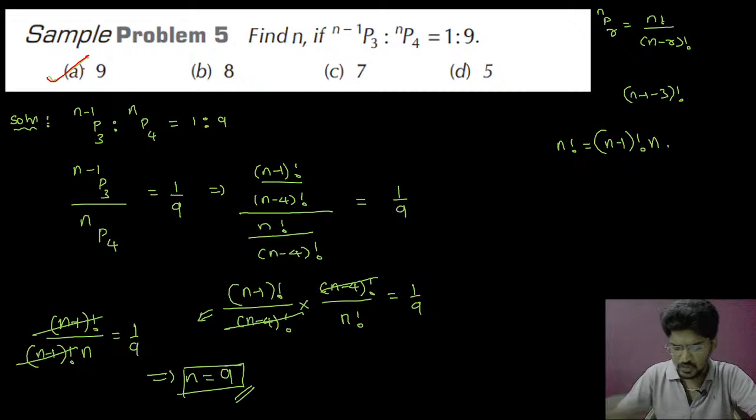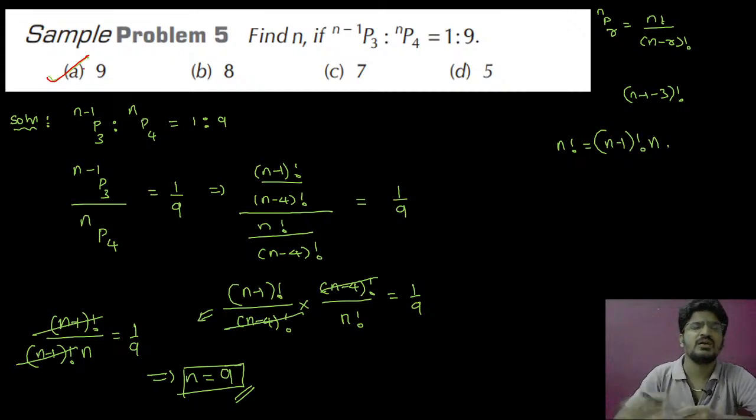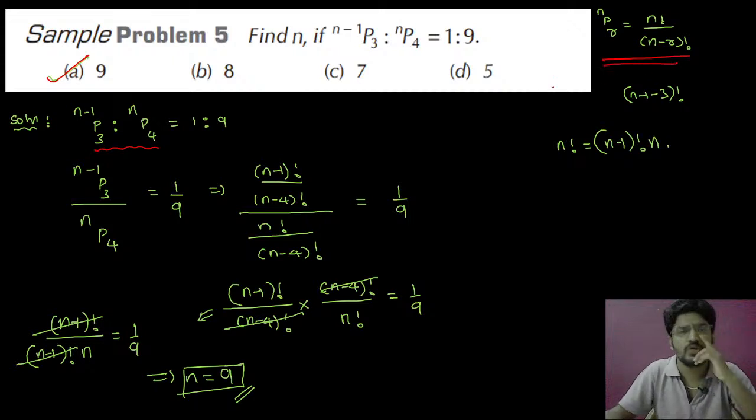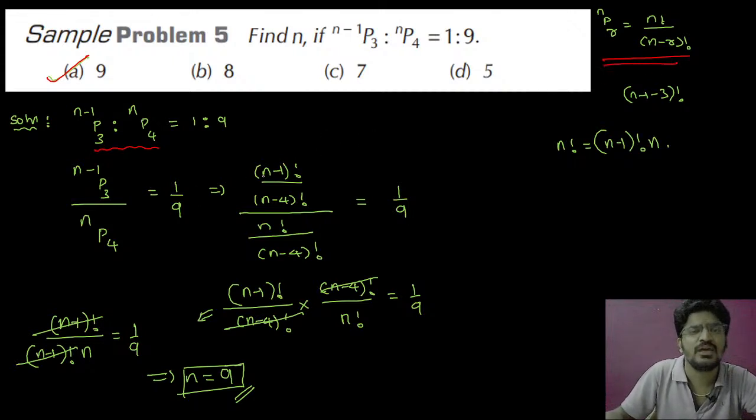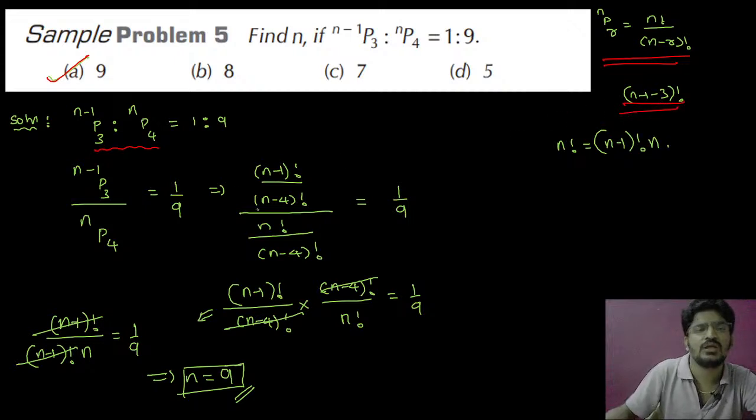Who all have not understood, you just see here they have given it in the form of ratio, n minus 1 p3 divided by n p4. Here n minus 1 p3 means use the nPr formula. So it will be n minus 1 factorial divided by n minus 1 minus 3, therefore n minus 4 factorial, and the total term is divided by n factorial divided by n minus 4 factorial.